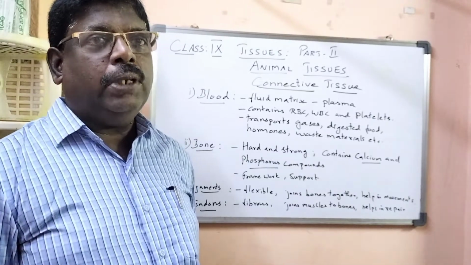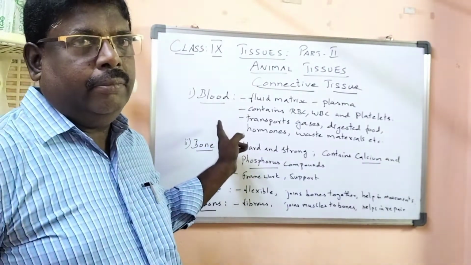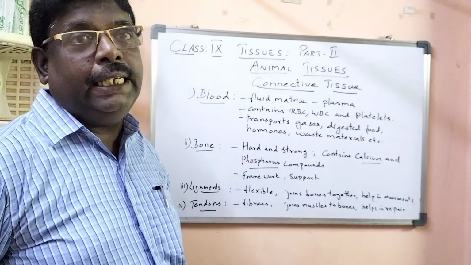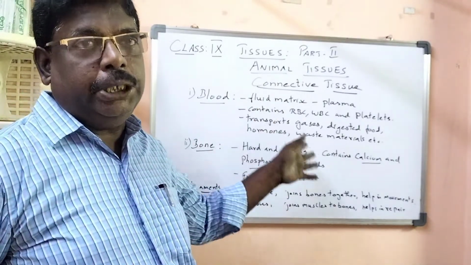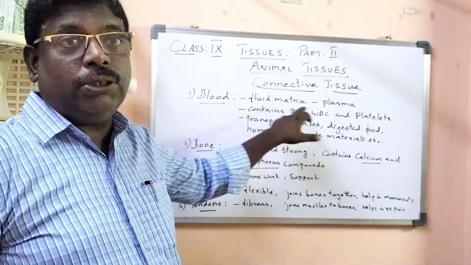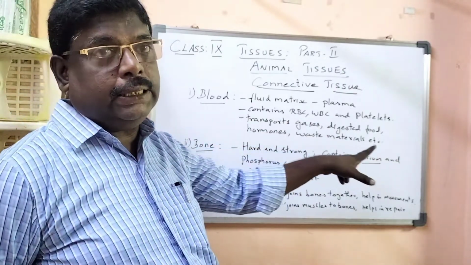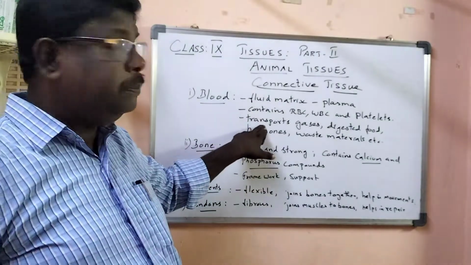Next, we'll see about connective tissues. Under that, blood. Blood is a fluid matrix containing blood plasma, and it is the only fluid tissue. In the blood plasma, we have RBC, WBC, and platelets. What is the function of blood? It transports gases.